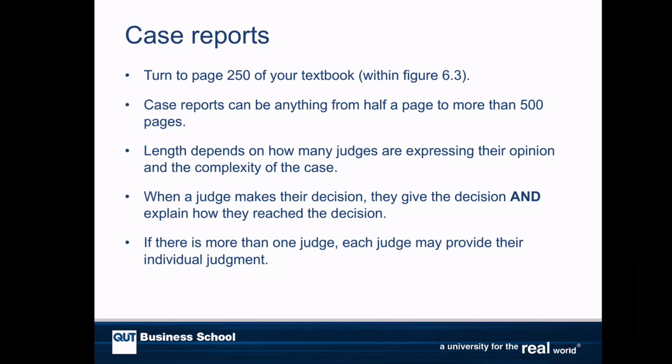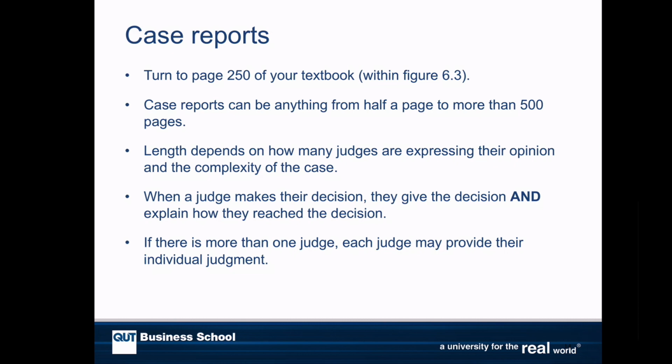Now we can also look at case reports, and they vary greatly. They can go from half a page to, as it says here, in complex cases, more than 500 pages. Sometimes that has to do with how many judges are actually expressing an opinion. So the longest cases are going to be those that go to something like the full court of the High Court, and all of the judges write their own opinion.